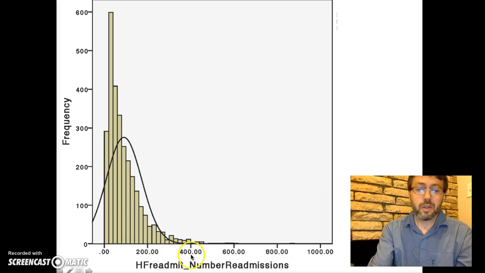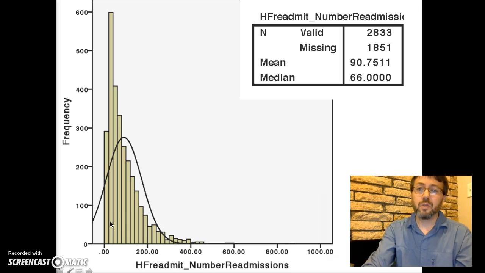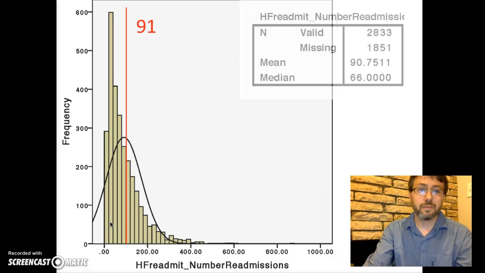You can see here the number of readmissions for heart failure graphically displayed. If we look at the left side of the graph, these are 0 readmissions for heart failure. And the right-hand side of the graph, we go up to 1,000 readmissions for heart failure. And the vast majority of those readmissions are happening on this left side of the curve. So if we calculate the statistics, we find that the mean number of readmissions is 90.